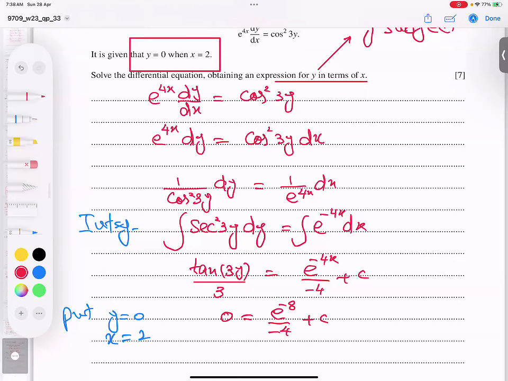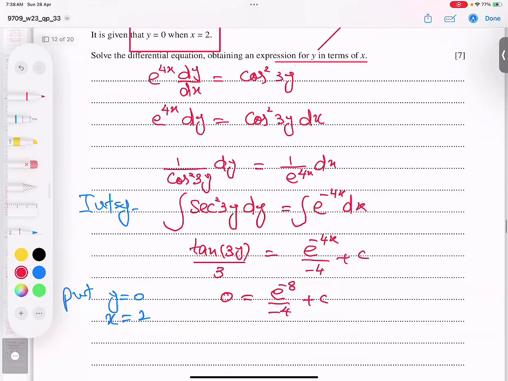So students, what to do? I have to simplify. If I bring this to the other end, c is equal to this, the negative will finish automatically. I can write it as it is, or I can write 1 over 4 e to power 8 to make the power positive.